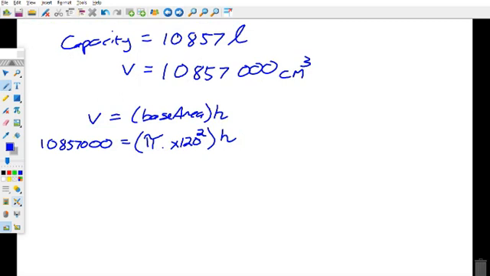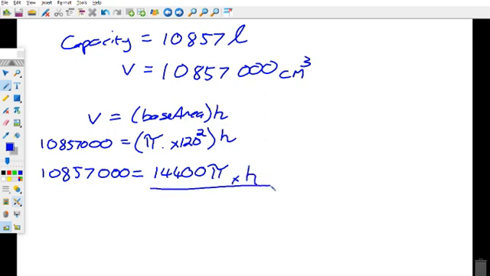So we're going to have now 0.1085712 zeros is equal to 14400 pi times h.